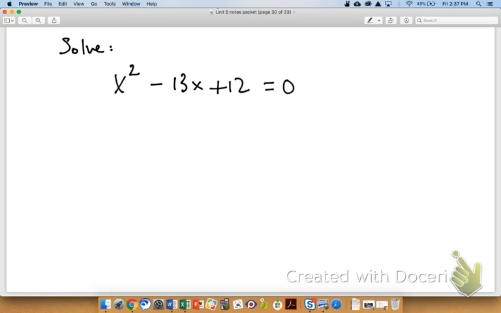So you haven't solved this yet. You've done a nice job factoring.